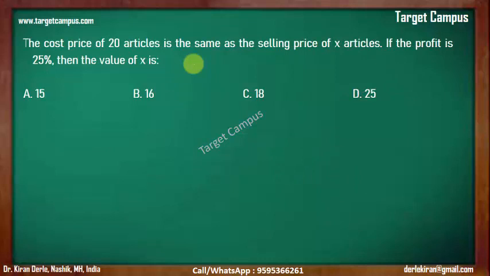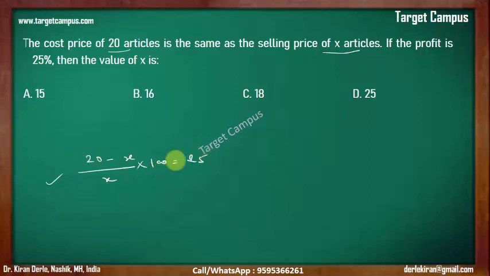Let's move ahead. The cost price of 20 articles is the same as the selling price of X articles. If the profit is 25%, then what is the value of X? We had seen the formula earlier. So 20 articles minus X articles upon X into 100 is equal to 25 as per the formula, right? Don't use any logic there.